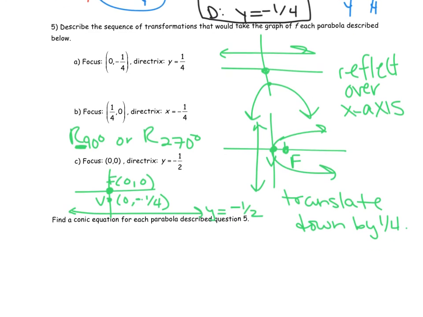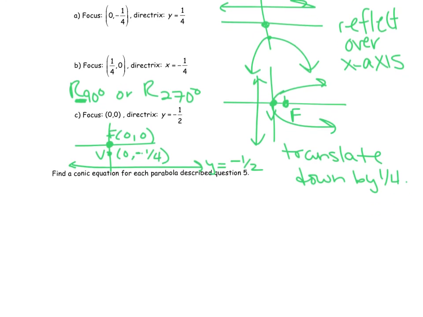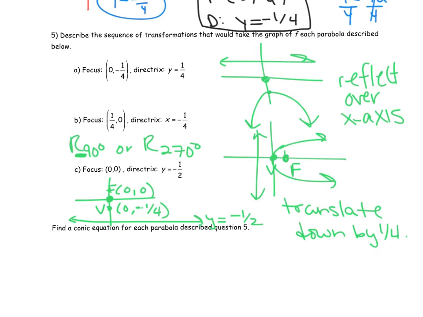In this last part, find a conic equation for each parabola described from this question. For letter A, that's just a reflection over the x-axis, so that would be y = -x². For letter B, we just rotated it by 90 degrees, so we switch x and y.